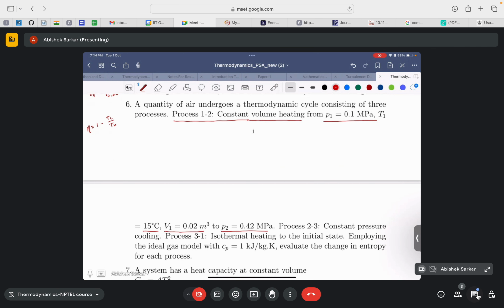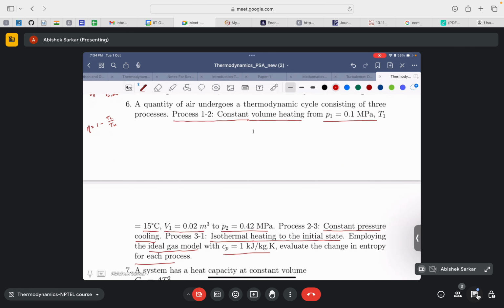Process 2 to 3 is a constant pressure cooling. And process 3 to 1 is an isothermal heating to the initial state. Employing the ideal gas model, consider the working fluid to be ideal gas, and take Cp as 1 kilojoule per kg Kelvin. Evaluate the change in the entropy of each process.